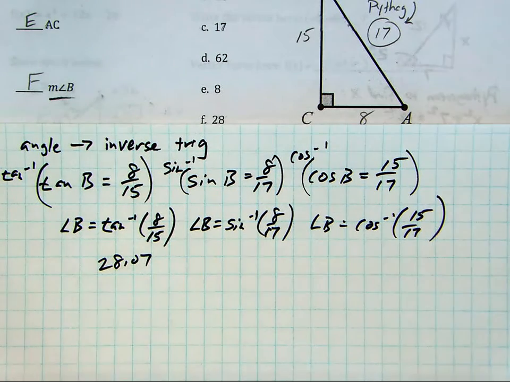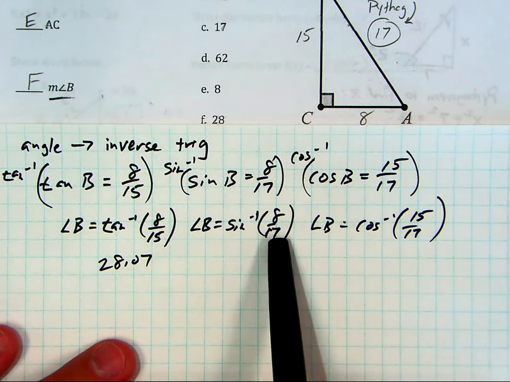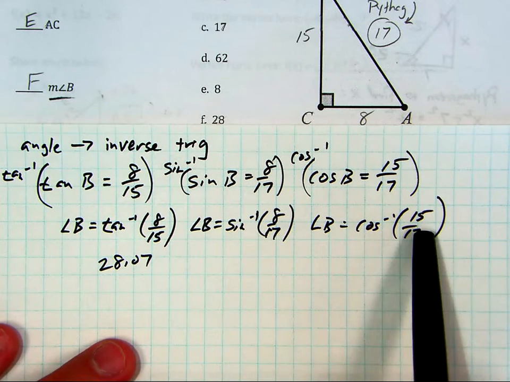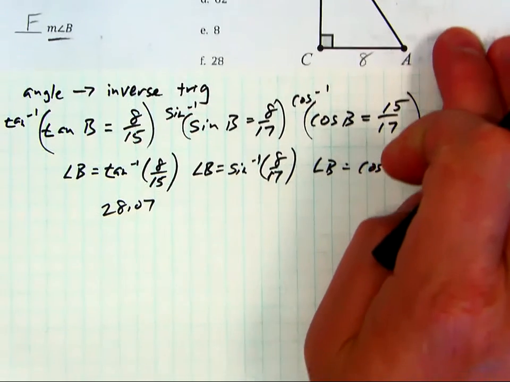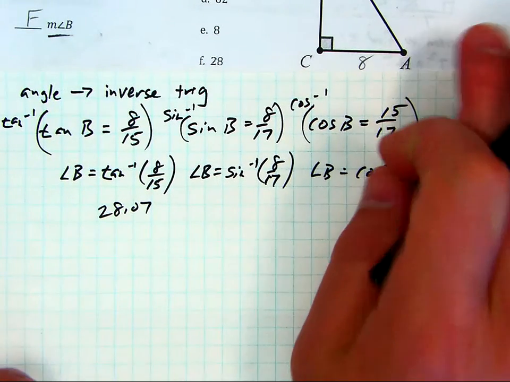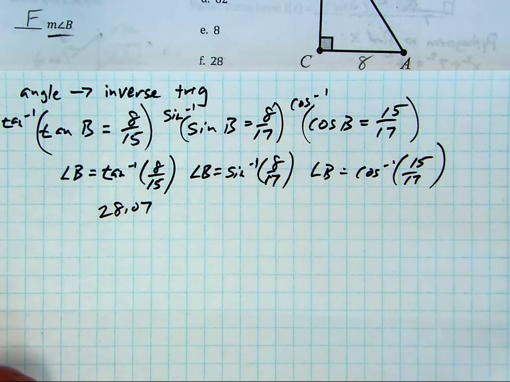Take a second or two and punch in inverse sine of this and inverse cosine of this on your own. I'll do that slowly up here in the video, and then I'll take any questions.